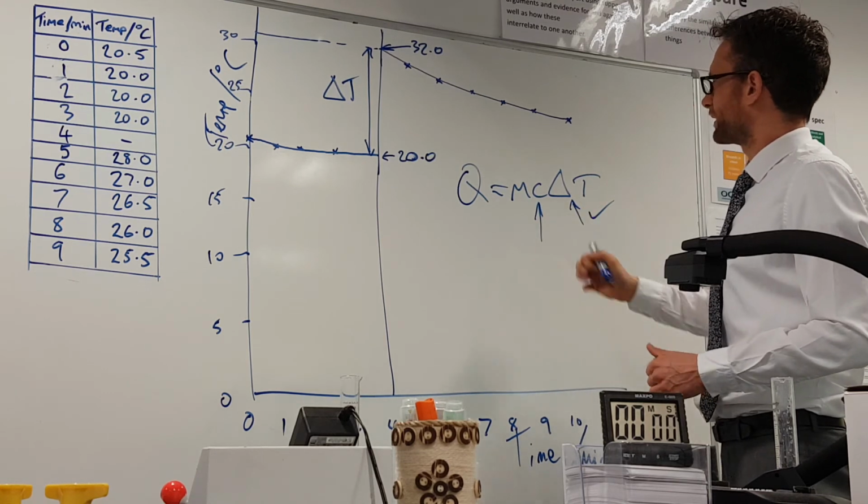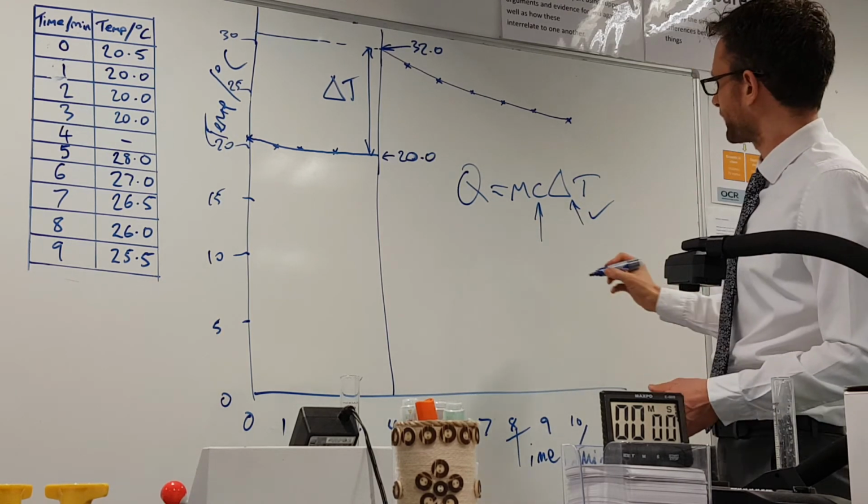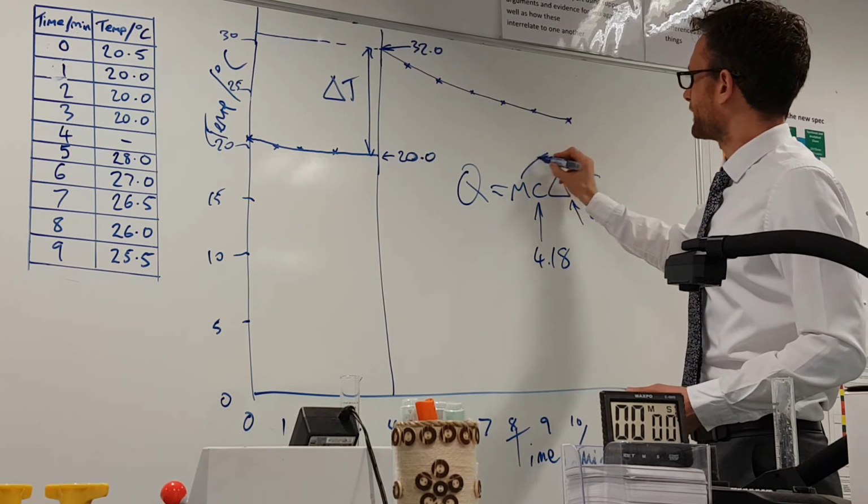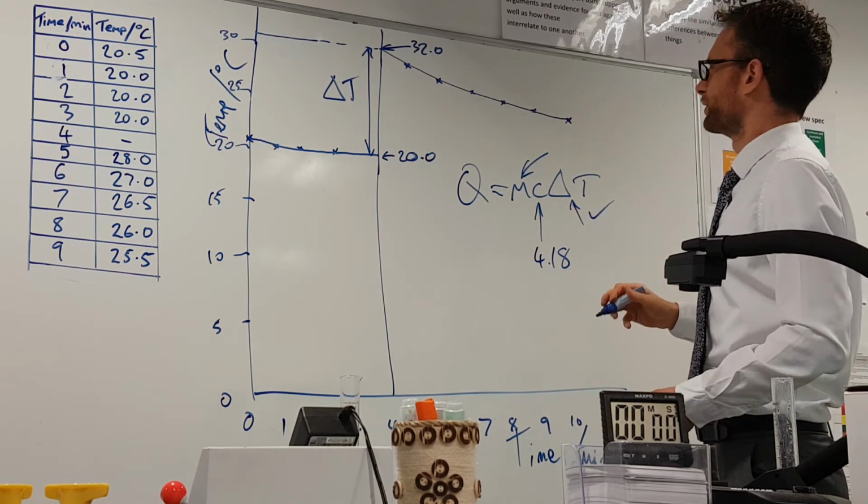We will assume that the specific heat capacity of the solution is the same as for water, so 4.18. And m, that's going to be the mass of the solution.